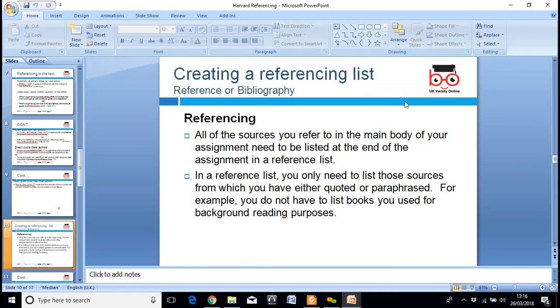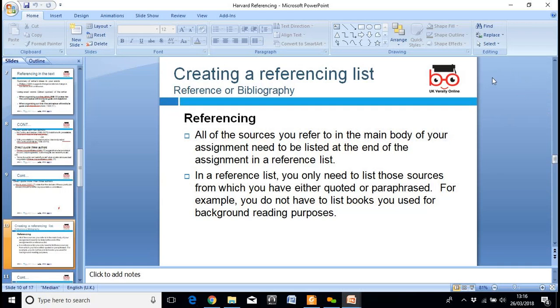There is a slight difference between creating a reference list and a bibliography. It will say on most of the qualifications that you are working towards that references need to be there. A bibliography is usually asked for if you're doing a dissertation for your degree or something of that nature, and that is everything that you have written, everything that you have read when writing your piece, whether you've used it or not.